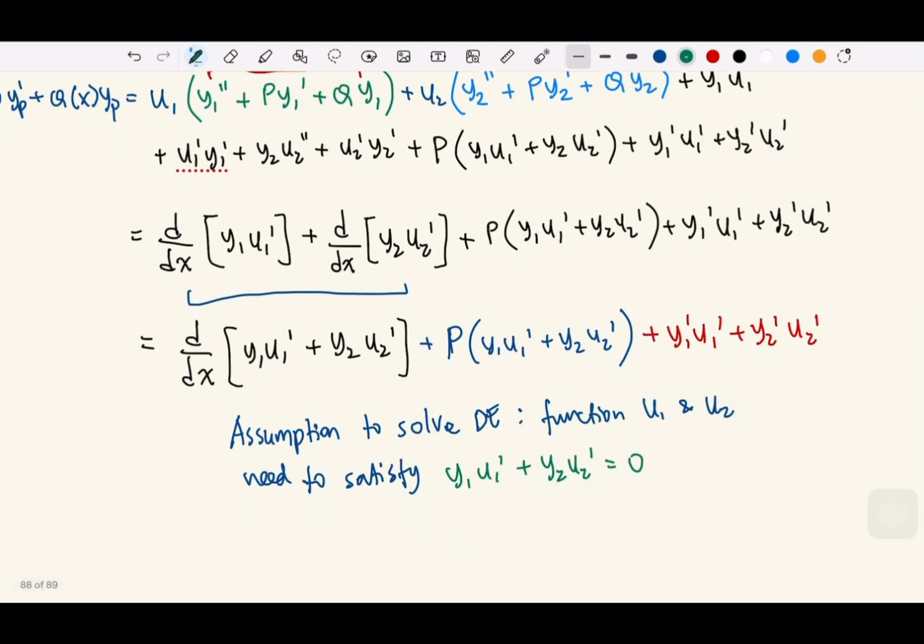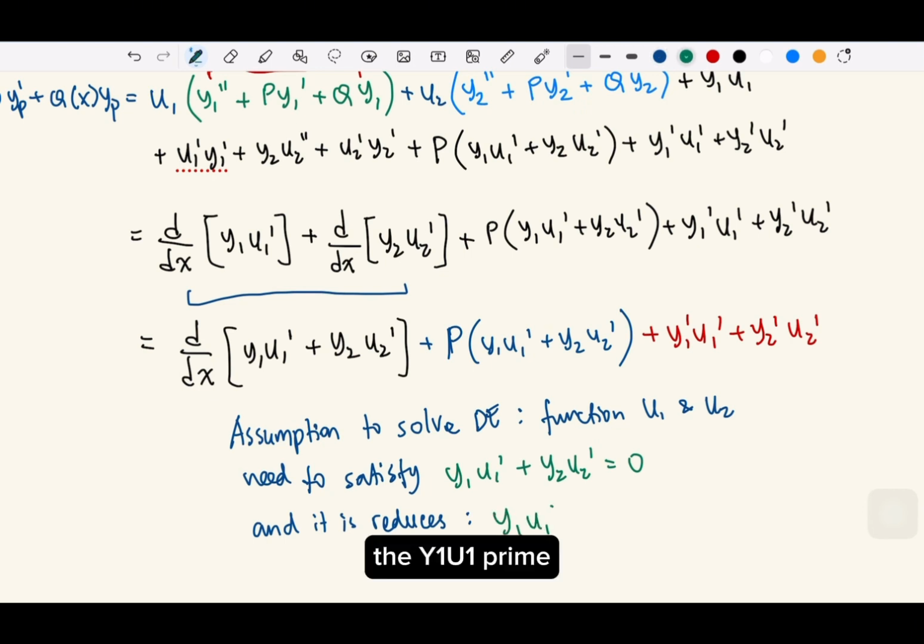And also, it reduces to y1 prime u1 prime plus y2 prime u2 prime equal to a function of x.